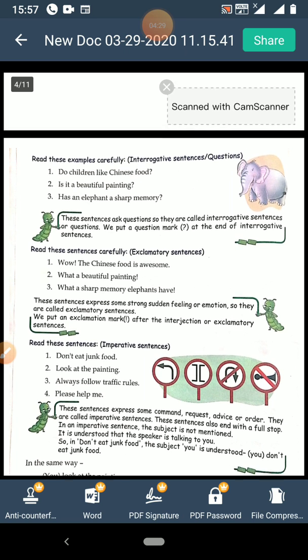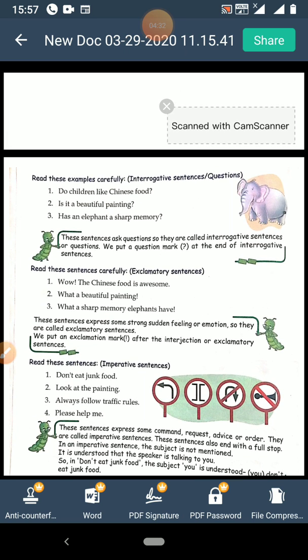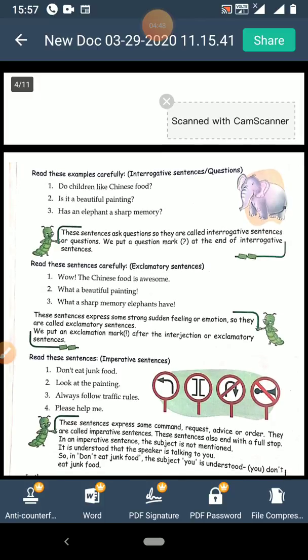Do children like Chinese food? Second, is it a beautiful painting? Third, has an elephant a sharp memory? All these sentences are followed by a question mark. So any sentence which is followed by a question mark is known as an interrogative sentence.